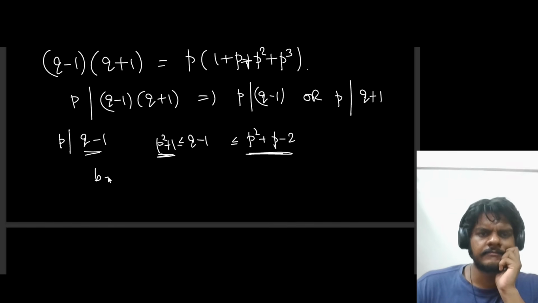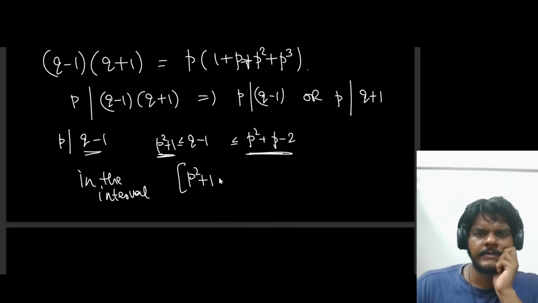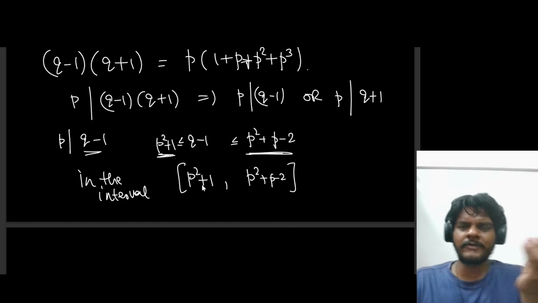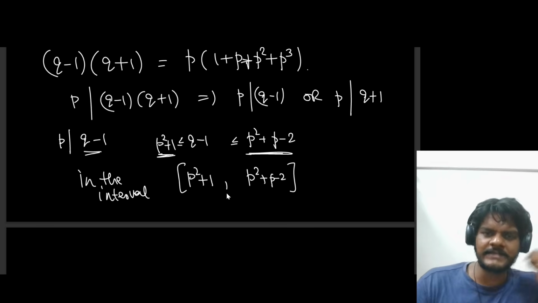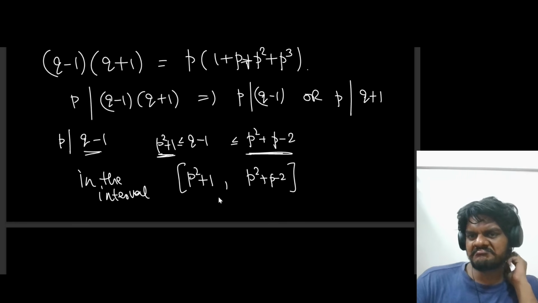In the interval (p² + 1, p² + p − 2), what is the length of this interval? This is at best p − 2, right?